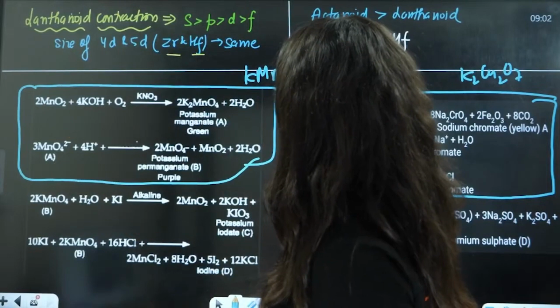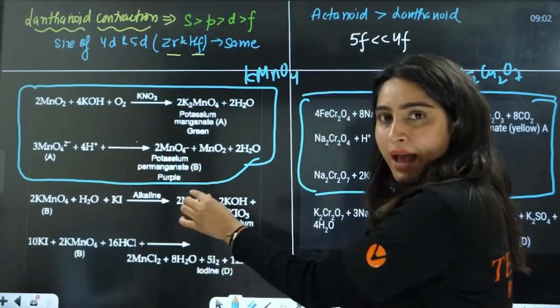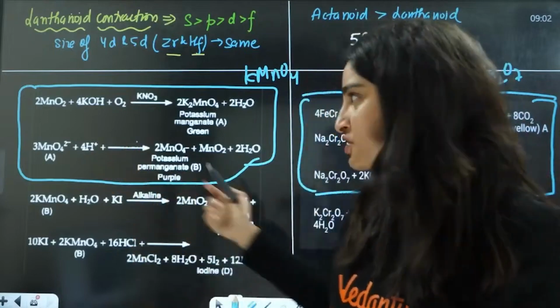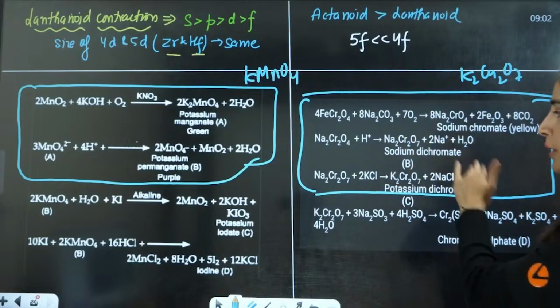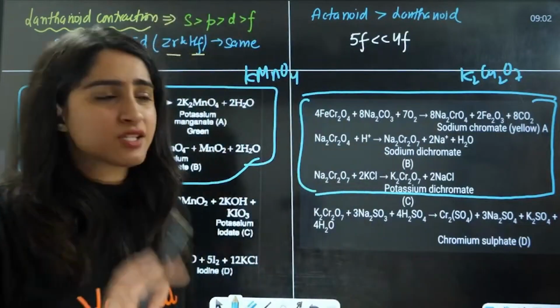Firstly, manganate ion is converted to permanganate ion either by an electrochemical or by a disproportionation reaction. Here we have chromate, then the chromate is converted to sodium dichromate, then sodium dichromate to potassium dichromate. Very easy, this is very easy, okay.